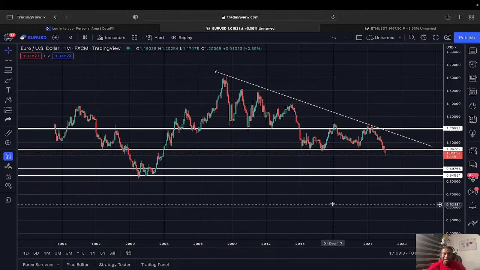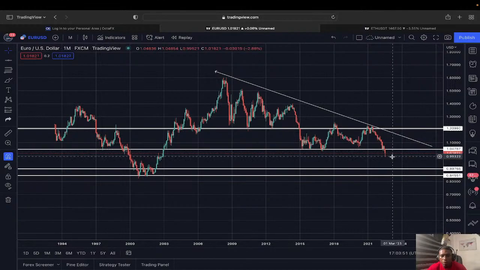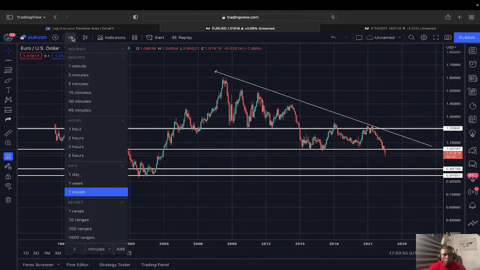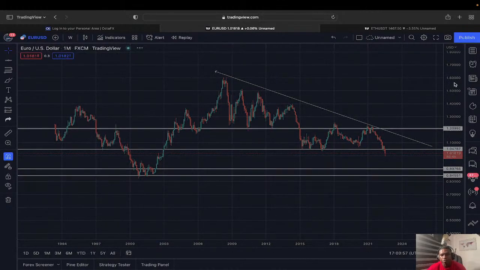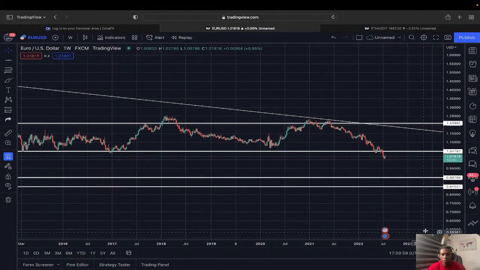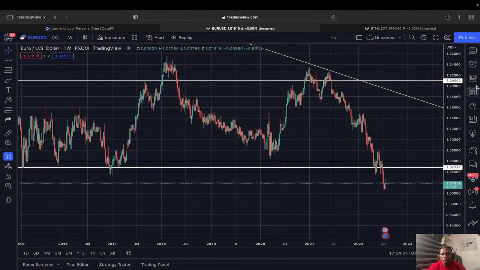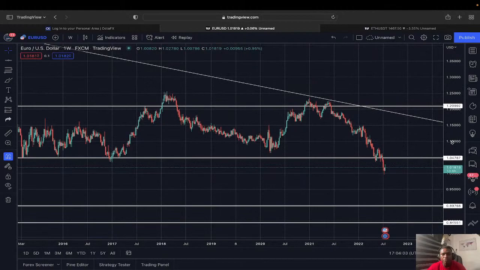So now we're able to identify the levels of support and resistance. Let's look at what is happening on the monthly time frame. We can see some rejections coming in, some buy pressures coming in. So let's go to the weekly time frame.